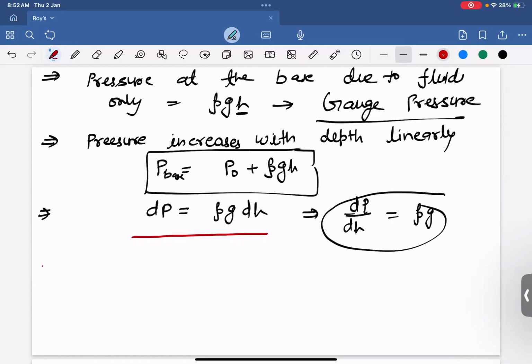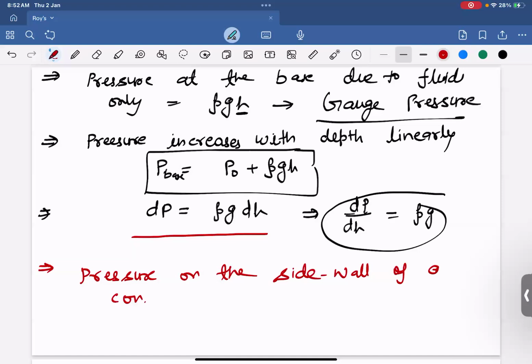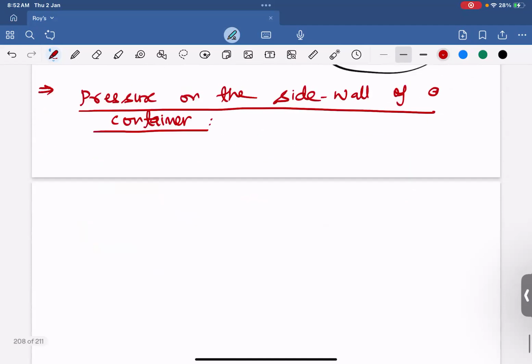Now let's understand the pressure on the side wall of a container.